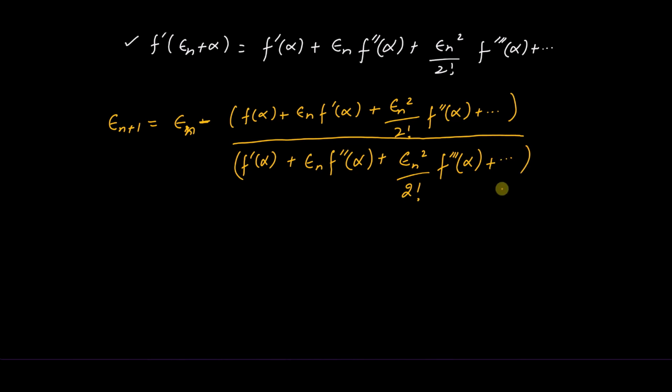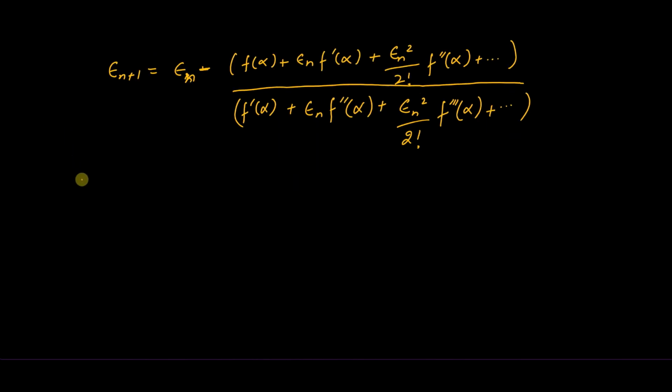As we know, epsilon_n is basically the error, so we are neglecting the higher powers of epsilon, because when errors multiply with each other they become smaller, so we can easily ignore them. Just to make our proof easier, we neglect epsilon squared and higher powers of epsilon.